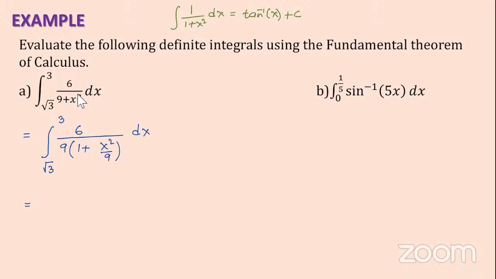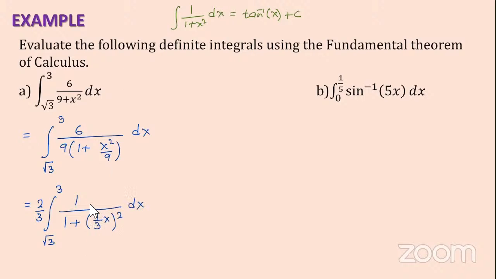That is equal to integration from square root of 3 up to 3. 6 over 9, which is the same as 2 over 3, is a constant. I can take that outside the integral. So 2 over 3 outside the integral. In the numerator, I have 1. Now in the denominator, I have 1 plus x squared over 9, which is the same as 1/3 x quantity squared, dx.